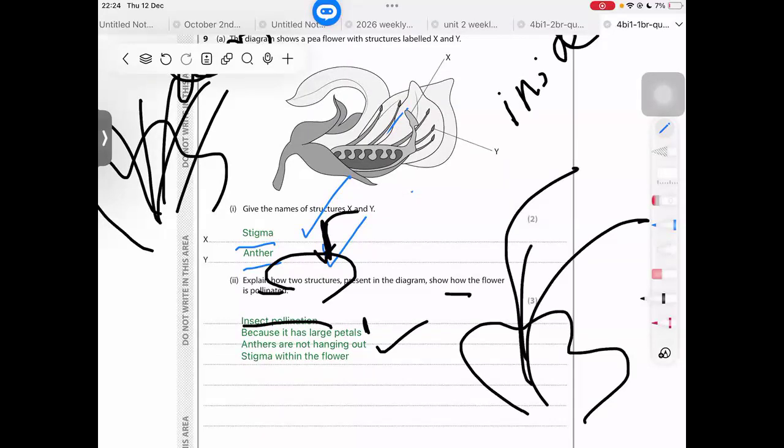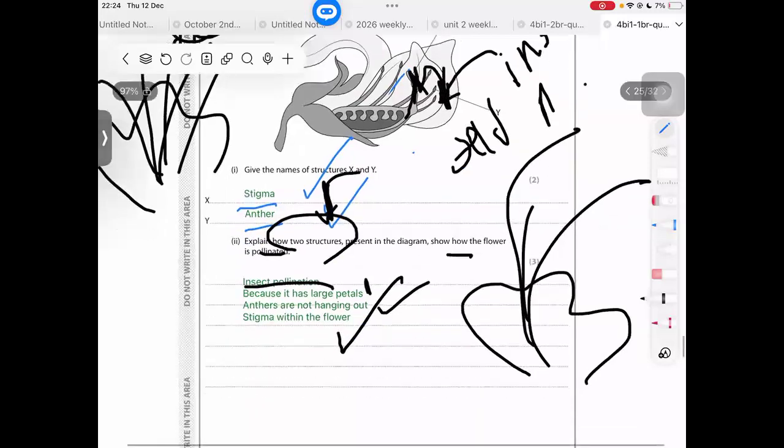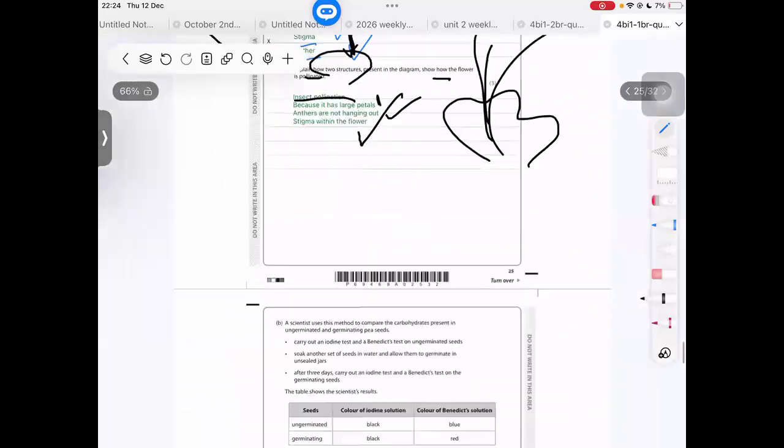But in an insect pollinated flower, anthers are not hanging out. They are almost the same size as the stigma. So when insects come, they brush against the anther and deposit the pollen onto the stigma. That's how self-pollination happens. The stigma is also within the flower. Because of these two reasons, we can conclude that this flower is pollinated using insects.